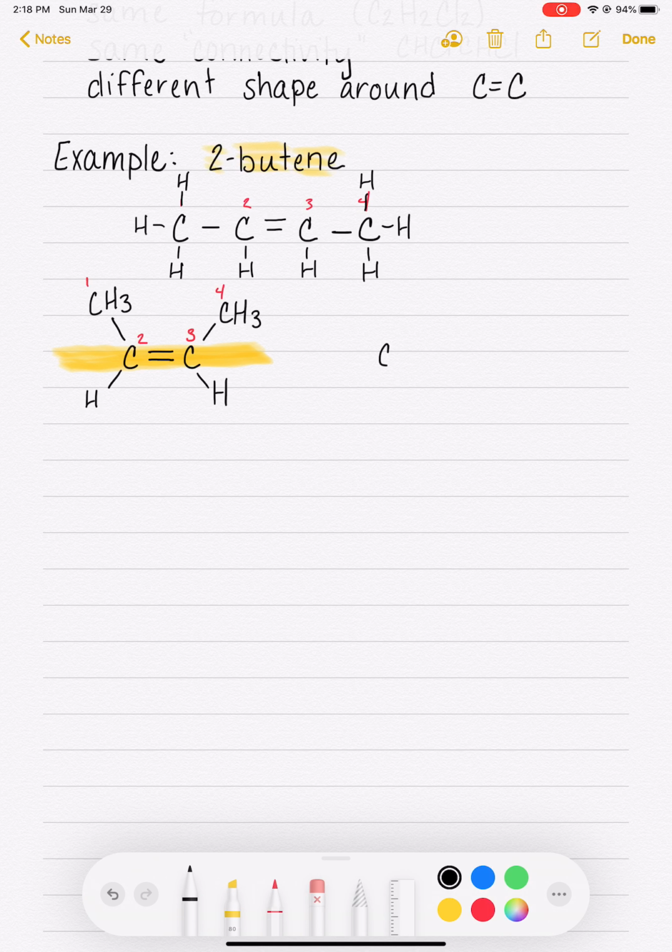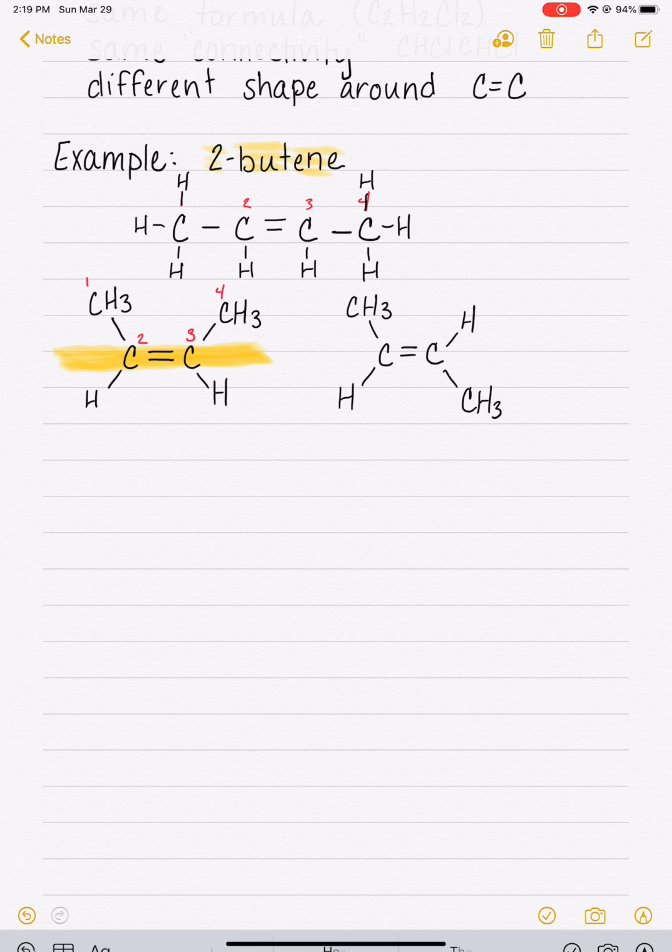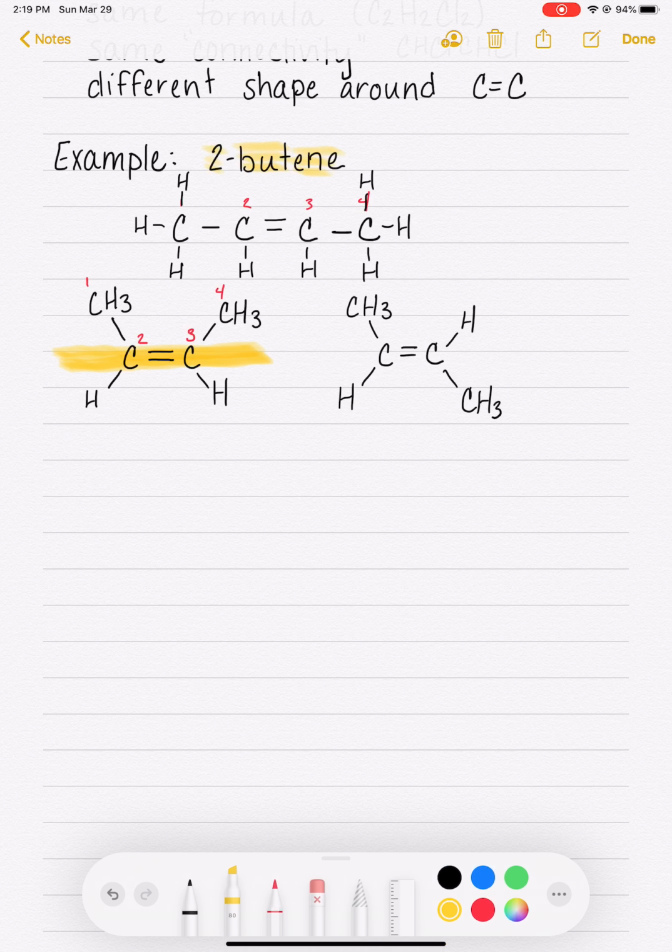Our other possibility is that the methyls, the CH3s, are on different sides of the double bond. So here they are on different sides. When we just look at the name 2-butene, there's nothing about the name that tells us if we're talking about the cis isomer or the trans isomer.